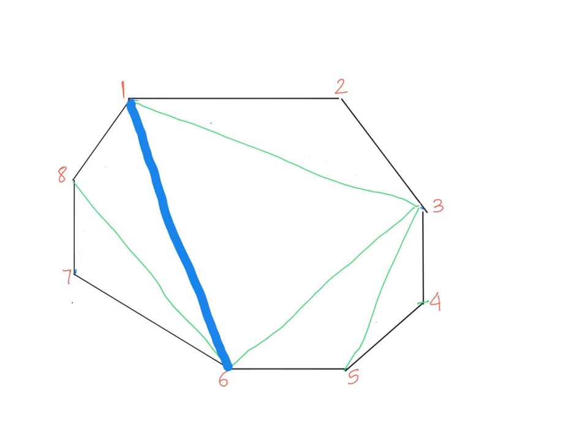So it is a valid thing to say the minimum cost triangulation of the entire polygon that we had earlier, which let me just call the polygon 1, 2, 3, 4, 5, 6, 7, 8, is of course equal to the minimum cost triangulation of the left half 1, 2, 6 plus the minimum cost triangulation of the right half, which is 6, 7, 8, 1.